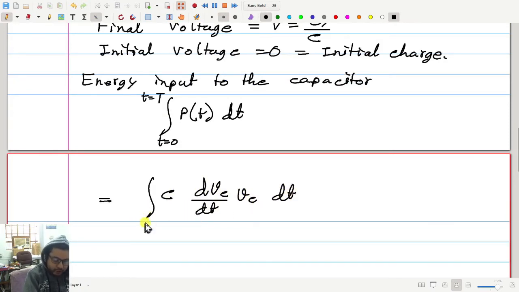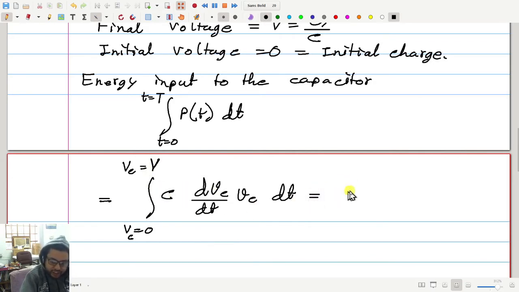We can also write that the integration is over voltage, starting from 0 to the final voltage, which was capital V. This is the range of integration.